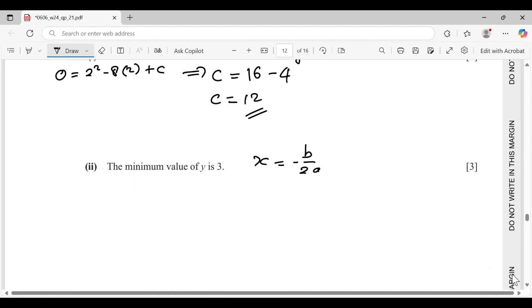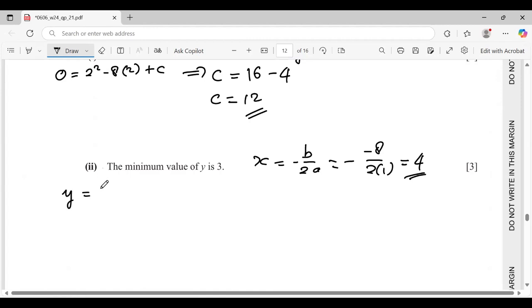So we can determine minus b over 2a. It is minus of minus 8 over 2 times 1, and it is 4 because 8 divided by 2. And substitute x equal 4 into y.